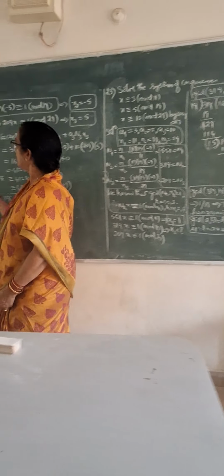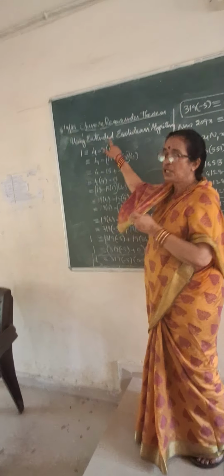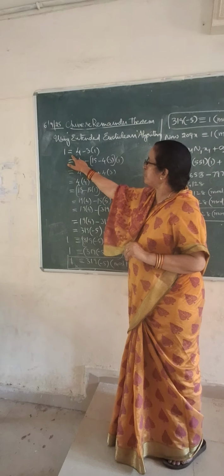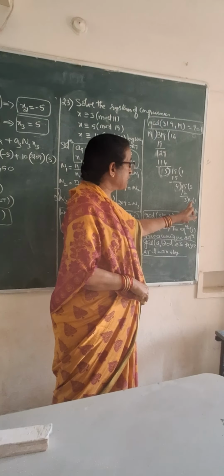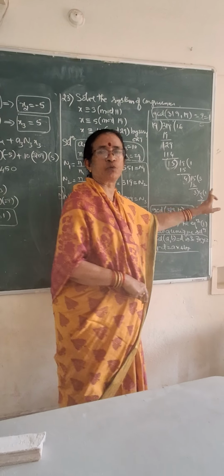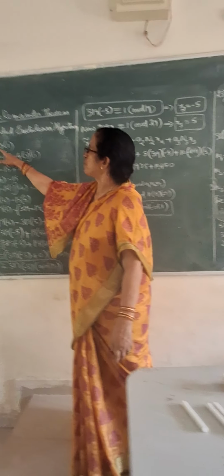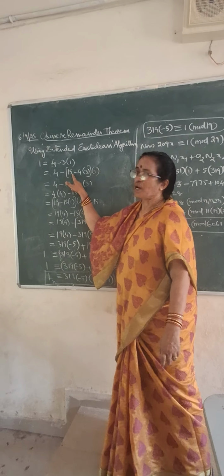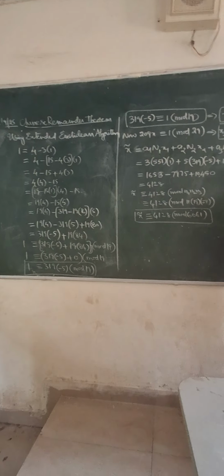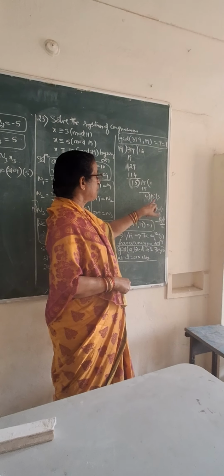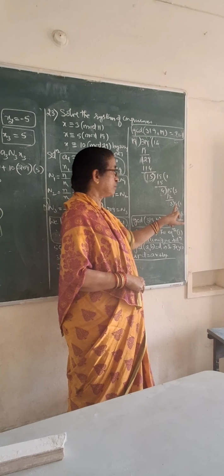So once again bring it back. By using the extended Euclidean algorithm, 1 can be written as 4 minus 3 into 1. Once again we have got the remainder 3. How did you get 3? 15 minus 4 into 3, that is 3.